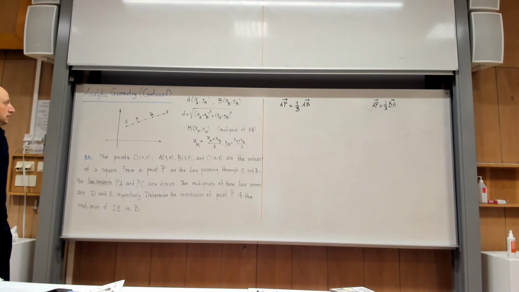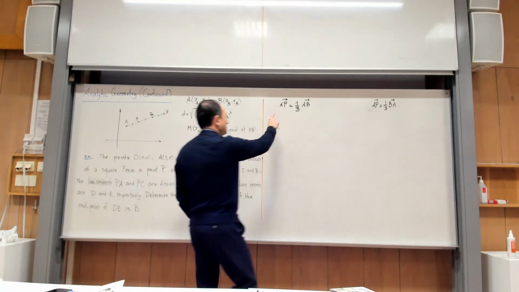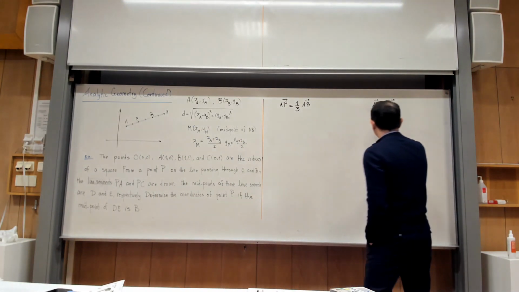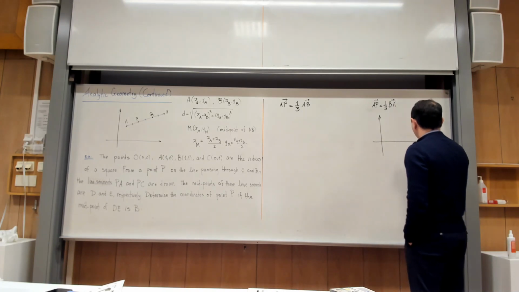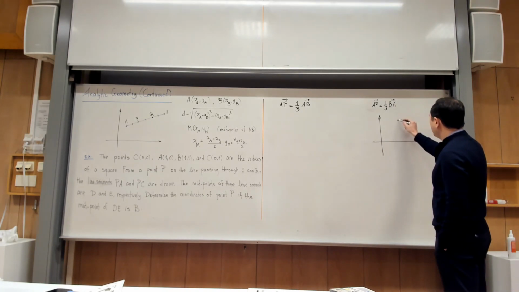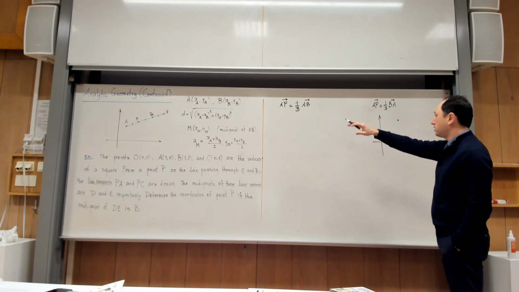Okay, now can you tell me what I can write for AP? That is extremely important. Let me review it for you here, if you have missed this in vectors. Forget about this problem momentarily.